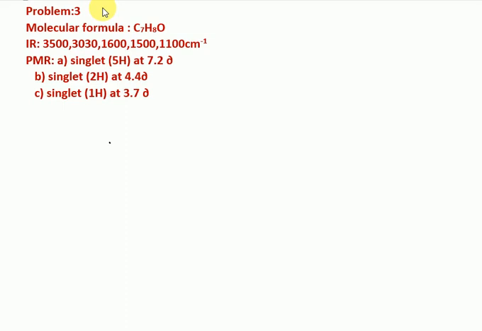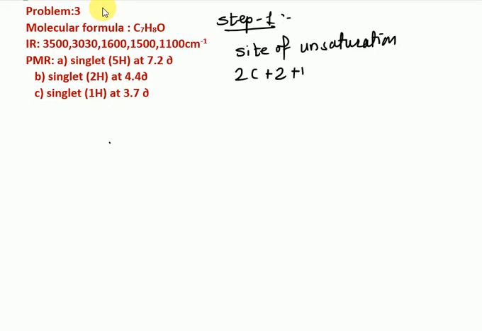Step first, let's count the sites of unsaturation. We have the formula: 2 times carbon plus 2 plus nitrogen if present, minus number of hydrogens, minus number of halogens if present, upon 2. The number of carbons is 7, so 7 times 2 is 14, plus 2 is 16.